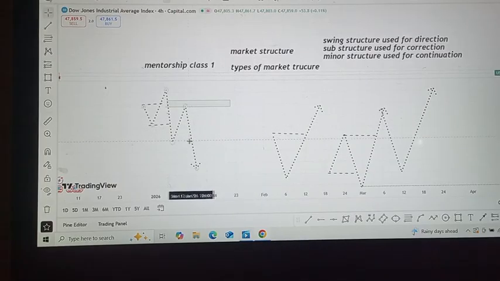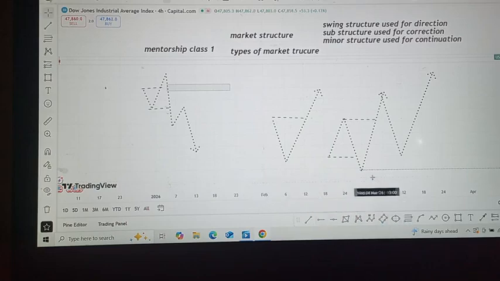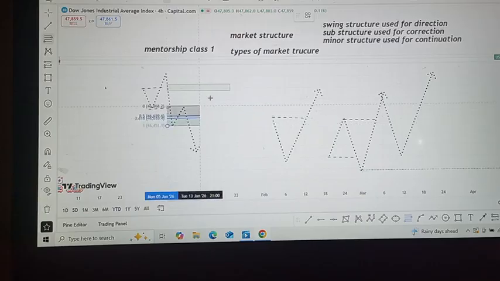But this pullback is what I want to talk of now, because most times we see a pullback maybe at this region. This is what I call premium and discount. We want to see a market pulling back. To detect the premium and discount, you take your Fibonacci and spray it from swing to swing.